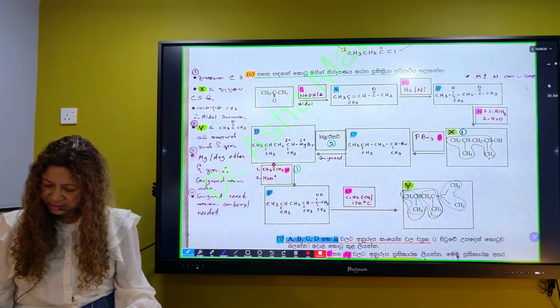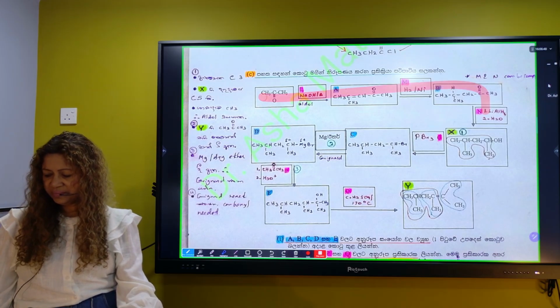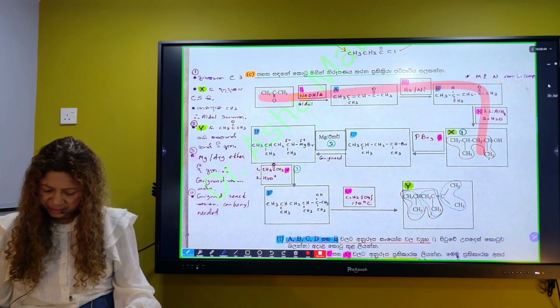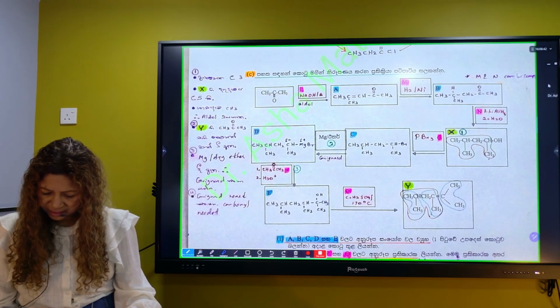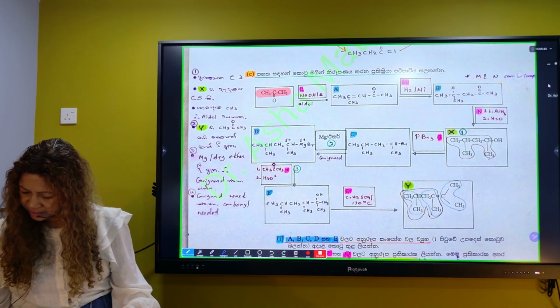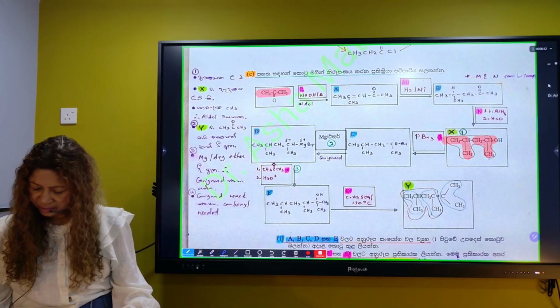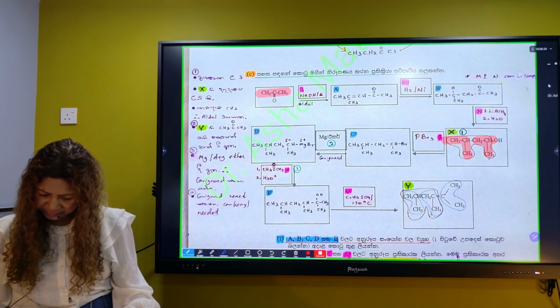Anyway, after the first chapter, only from here to here. The initial one they were given 3 carbon, and again you have here 3 carbon and then 3 carbon. Okay, not direct joining.